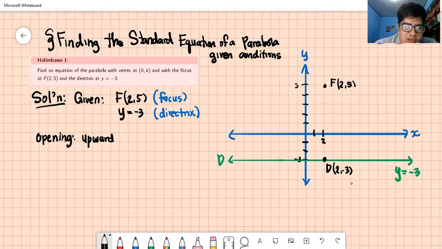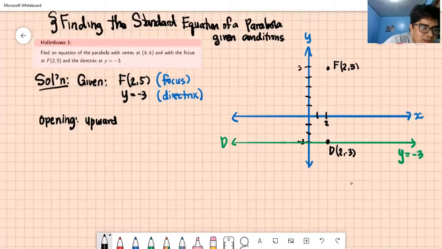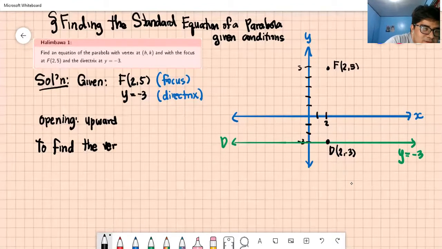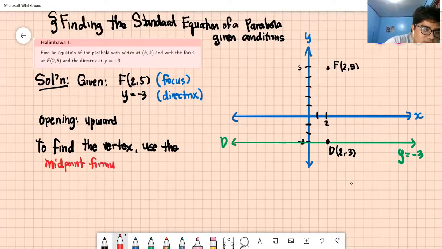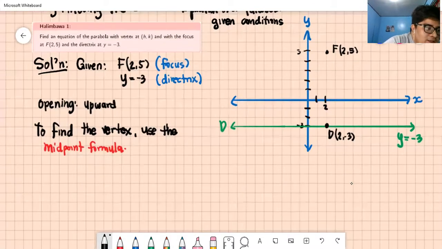So, ano ang gagamitin natin? To find the vertex, anong gagawin natin? Use the midpoint formula. And how are we supposed to do that? Ganito. Kung di nyo na naalala, ilagay natin.